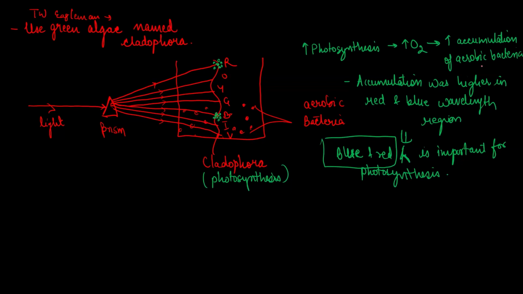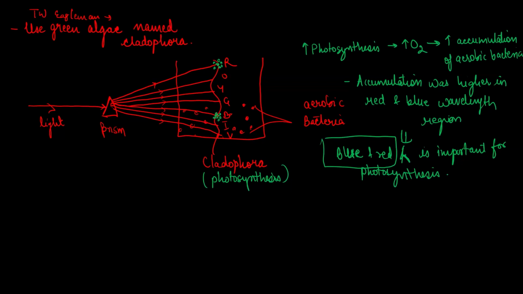Because aerobic bacteria are the ones that require oxygen for their survival, right? So because of this, we can see that there was accumulation of bacteria at different regions of the Cladophora, and those regions correspond to the blue ray light and red ray light. Hence the blue and red wavelength light is important for photosynthesis.